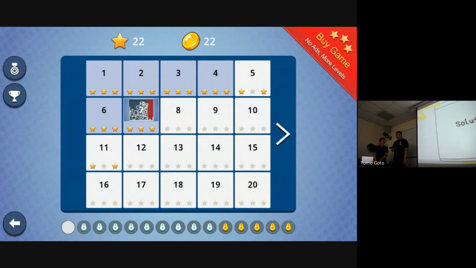For the solutions, the solution for level 7 is quite simple.